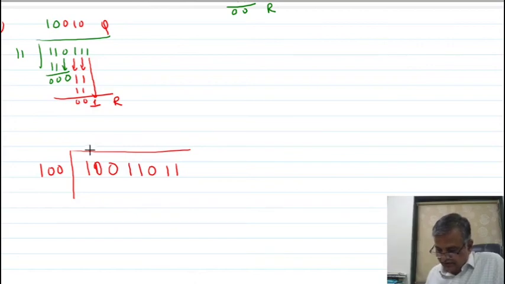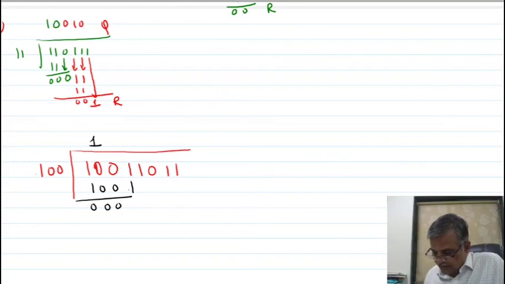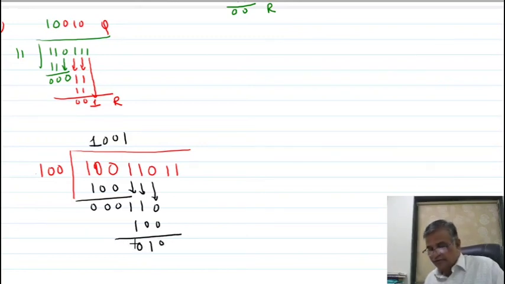This is like 100, 0, 0, 0. I am taking 1 down, putting 0, 1 down, putting 0, 0 down, so 1 into 100. You are doing similar to your decimal number system.